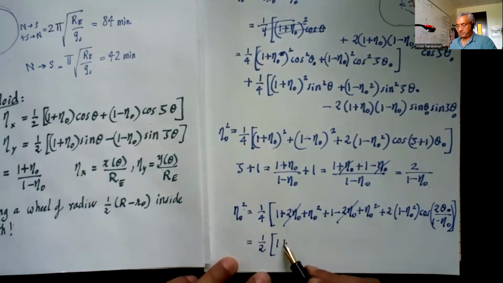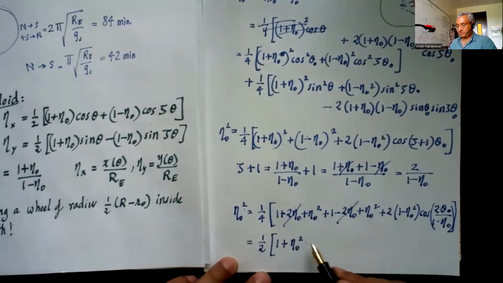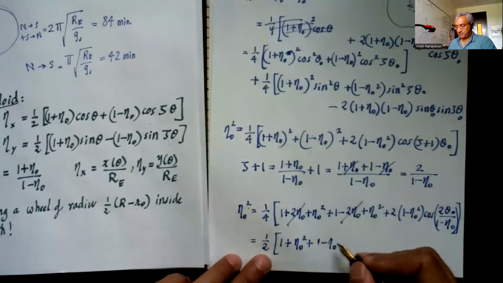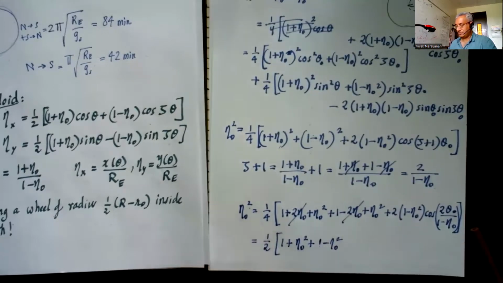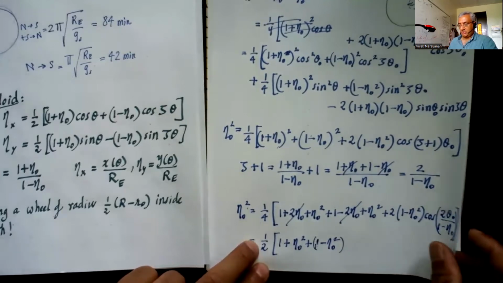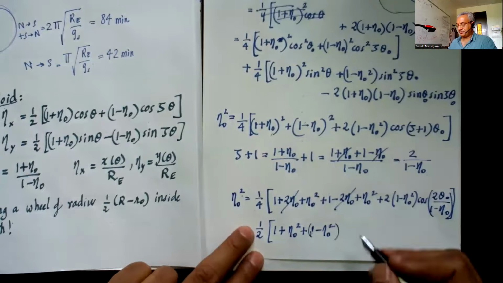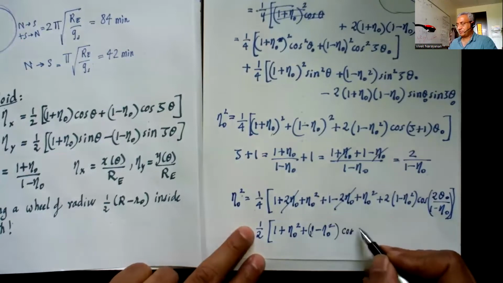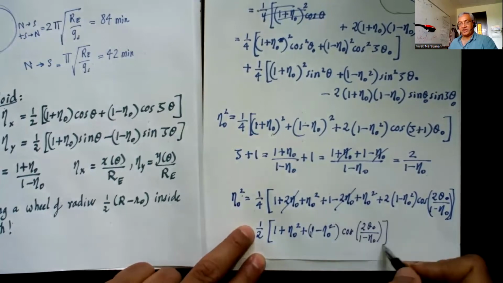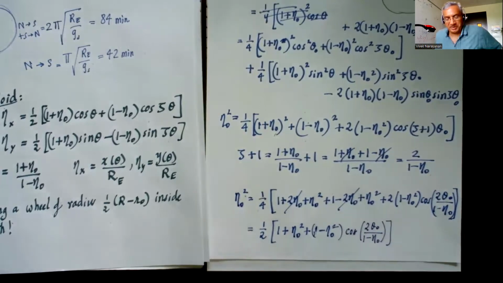Half of (1 plus eta naught squared plus 1 minus eta naught squared) cosine of 2 theta naught over 1 minus eta naught. So at last we have an equation that we can work with.